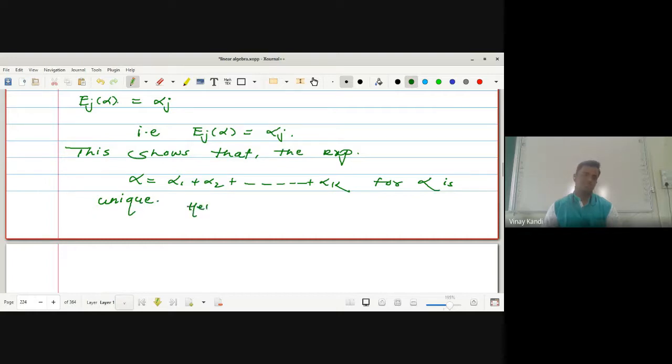Okay, hence not only is V equal to the sum of W1, W2, it is the direct sum of W1, W2 up to so on Wk. Is it correct?